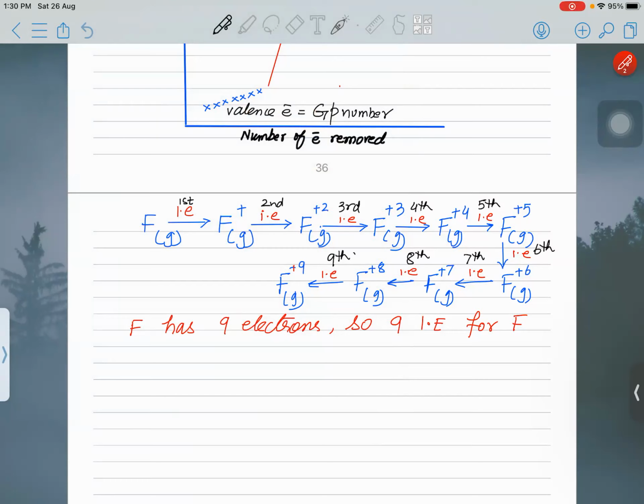Can anyone tell me where you observe the big jump? In the first ionization energy, second, or third? The 7th. Very good. So after the 7th ionization energy, you observe a big jump.